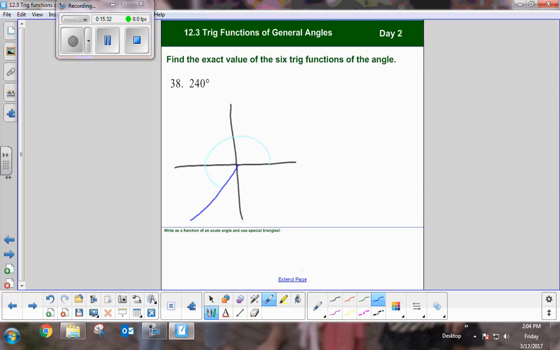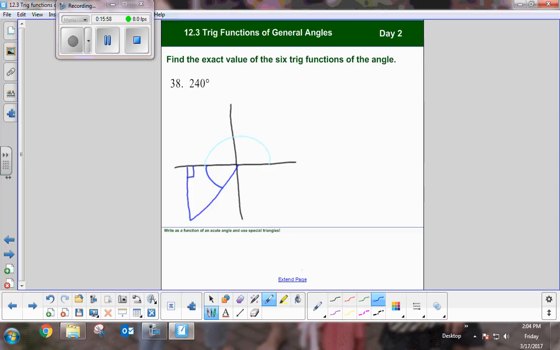From any point on the terminal side, you can draw a line straight up to the x-axis. Now this right here is your reference angle, what the terminal side makes with the x-axis. How much is that reference angle?